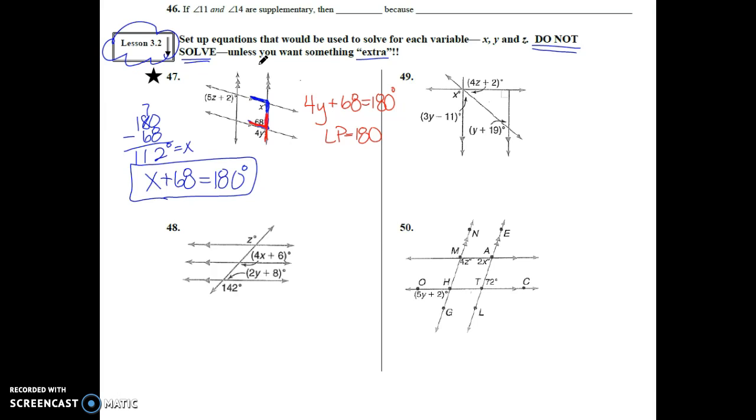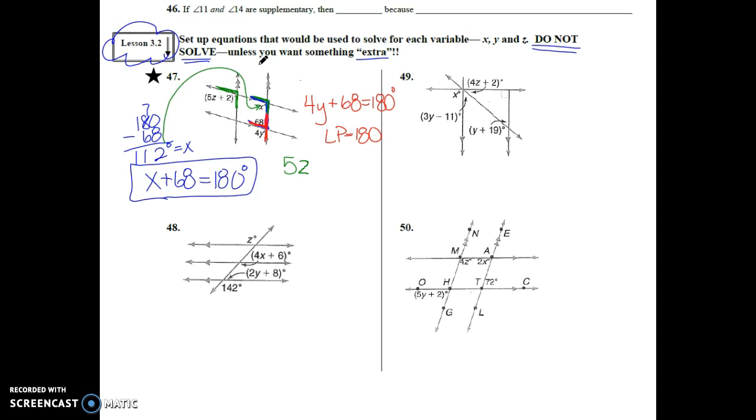The last one that we have is the 5z plus 2. We can do a couple different things here. We did find the 112 goes right here. So that corresponds with the x.